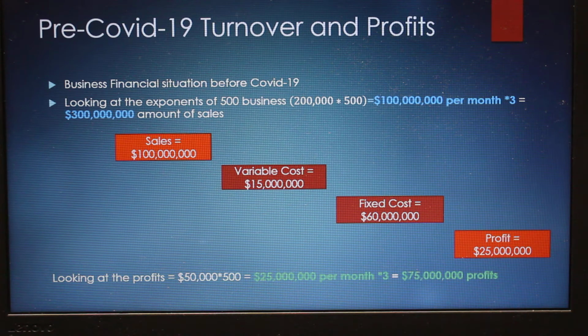So 25 million would be what the profit level that the business is expecting under normal circumstances, and 100 million in sales under normal circumstances. Now, over a 3-month period, the sales would have been 300 million and the profit would be 75 million if COVID-19 was not in the picture.